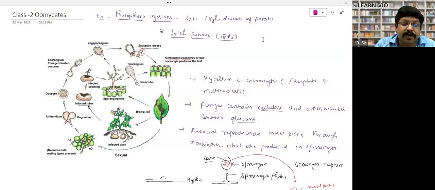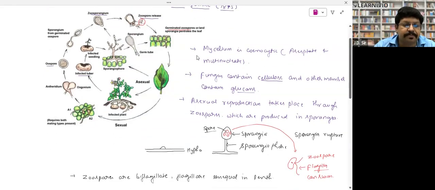In 1845, this fungus destroyed the whole crop of potato in Ireland, and was responsible for the Great Irish Famine of 1845, right? Remember the year 1845. Yes, sir.